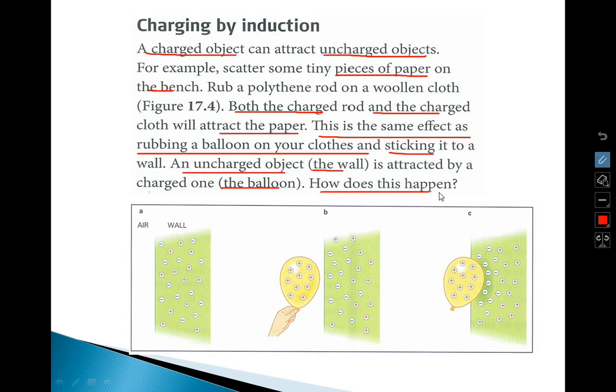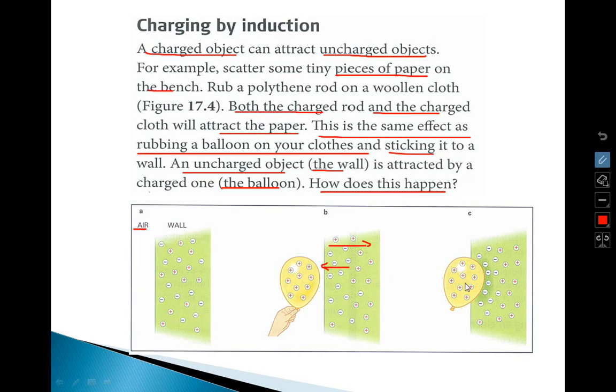So how does this happen? How does this happen here? As we can see here, this is the wall, and this is the air. So there are positive and minus charges here. When you put something positive here, the negative ones on the wall will be moved this way, and the positive ones will move this way. So they are going to attract each other, same as here.